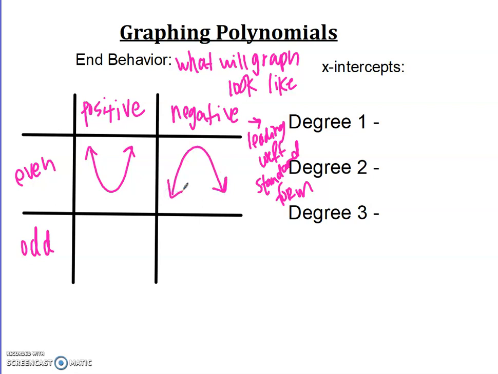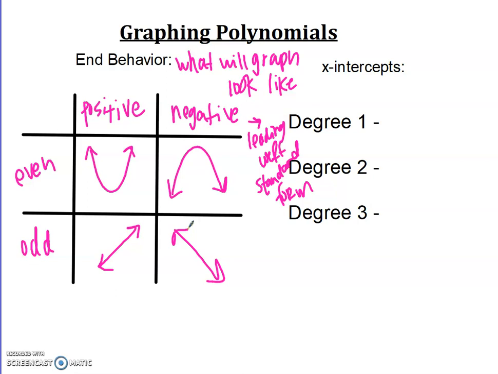If it's odd positive, think of a line with a positive slope: it's going to go up towards the right, and if it has a negative slope, it's going to go down towards the left. You'll understand what this looks like on the graph in a minute. So even and odd is looking at the degrees. The positive and negative is looking at my leading coefficient.